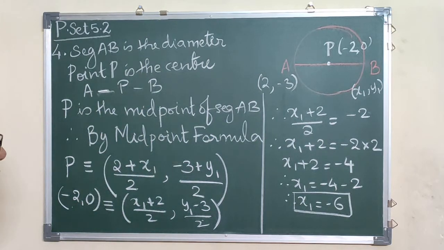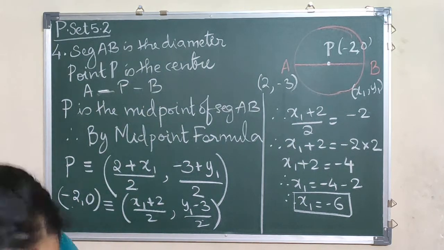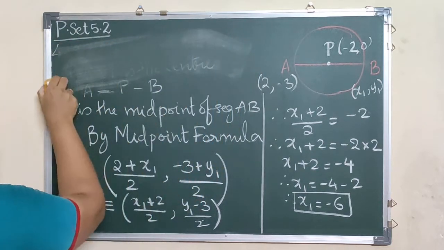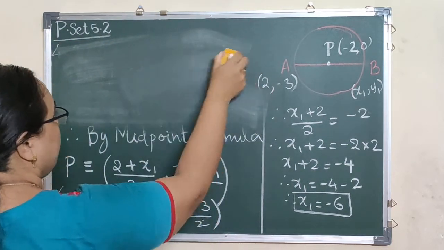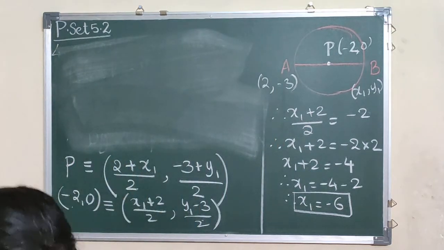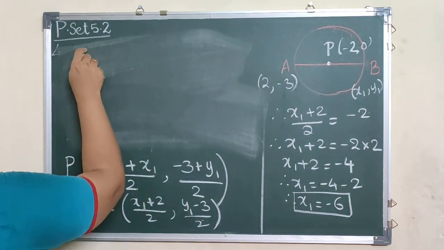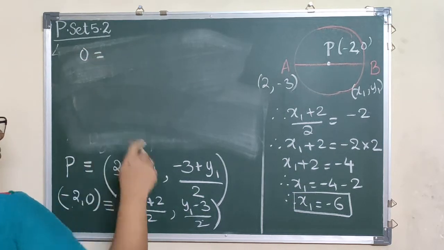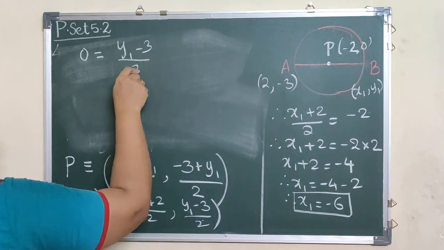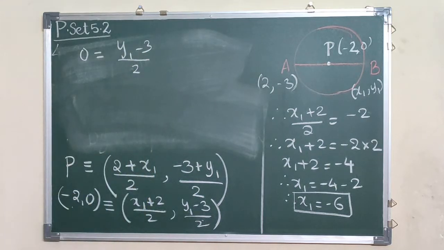What do we have for y1? Let us start from here. 0 is equal to y1 minus 3 upon 2. Very simple when we see that 0, right?